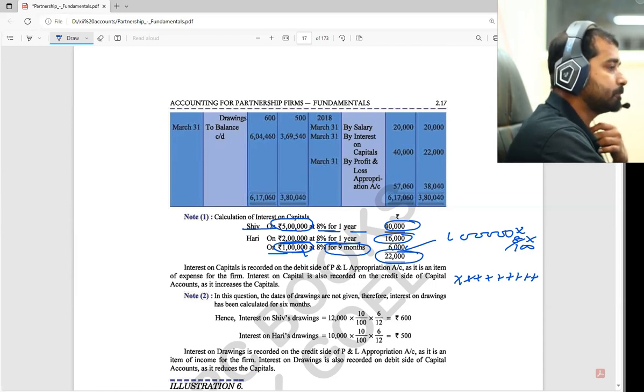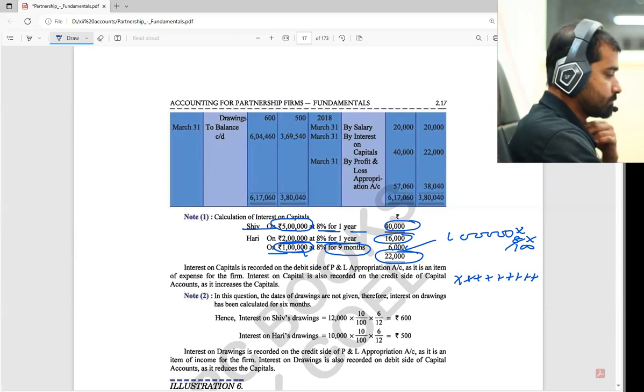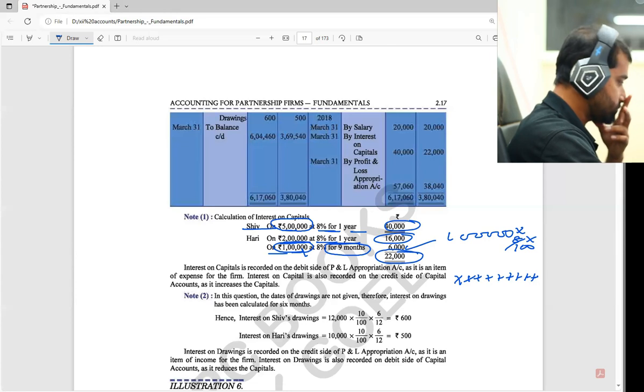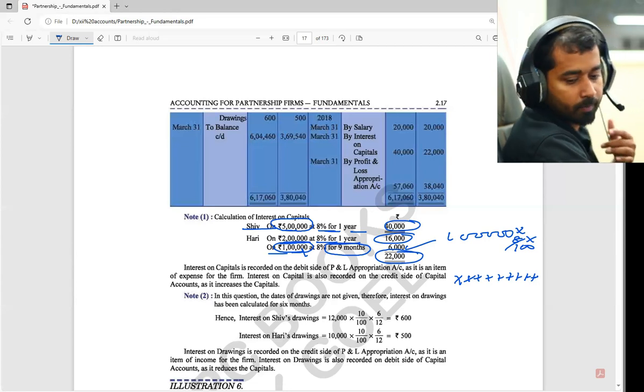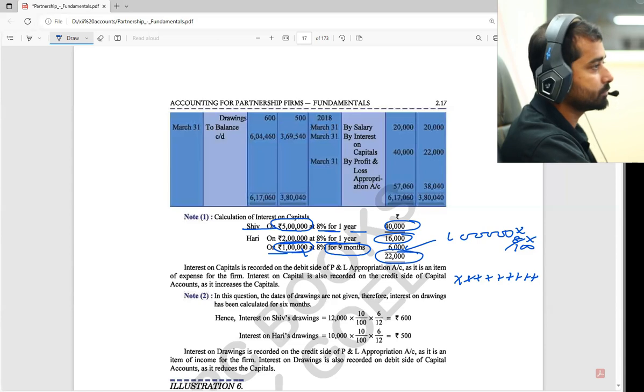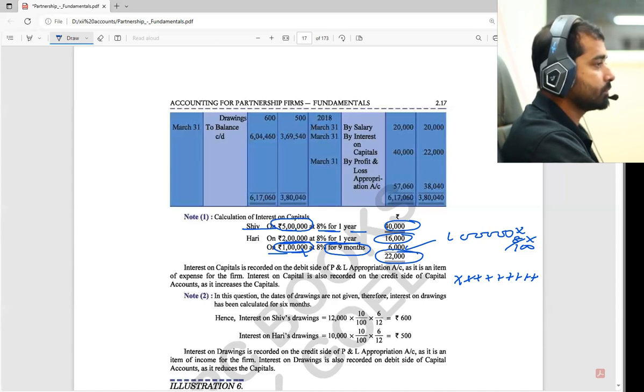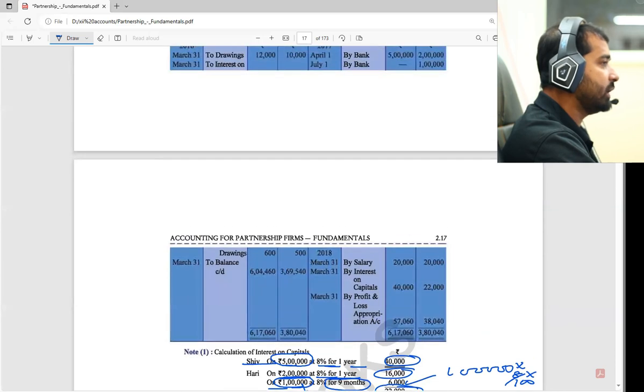So interest on capital we already found.